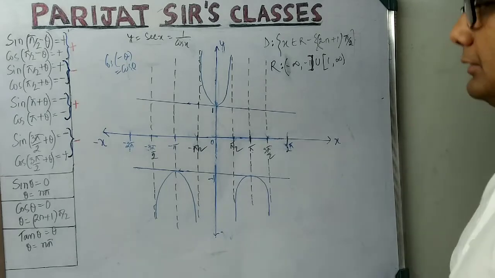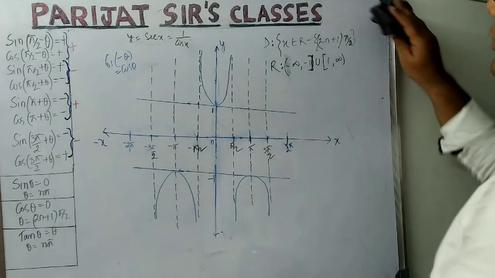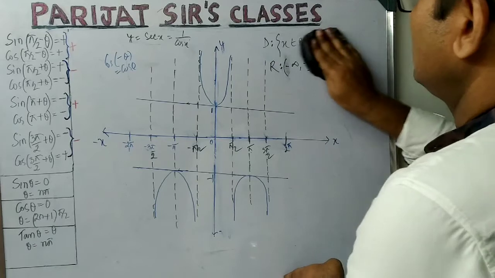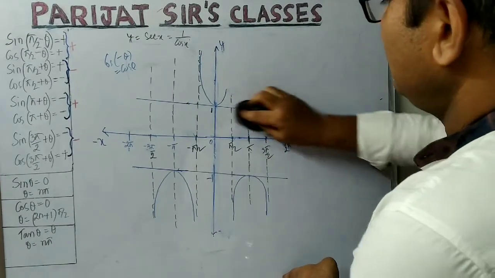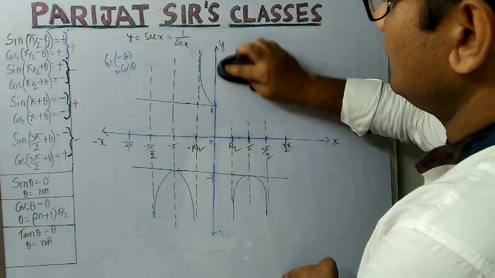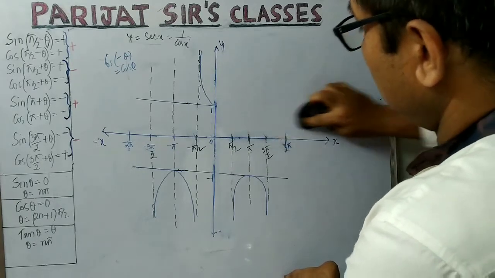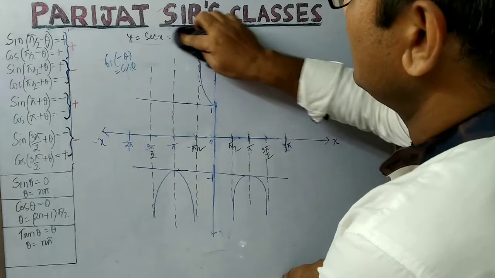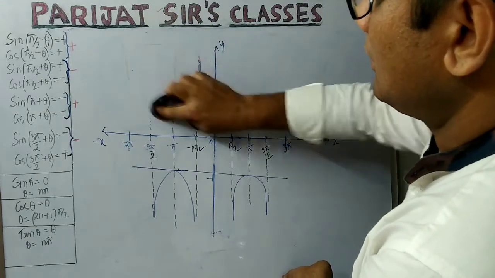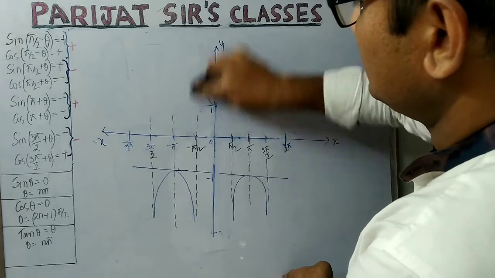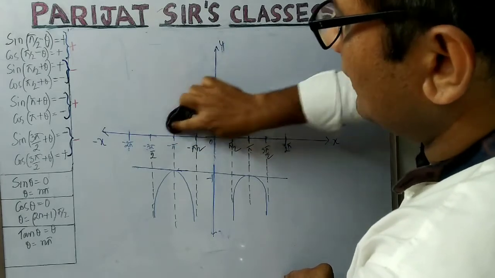Okay, friends. So let's move on. We have already done the SecX graph. We have to do now the CotX and CosecX graphs left.